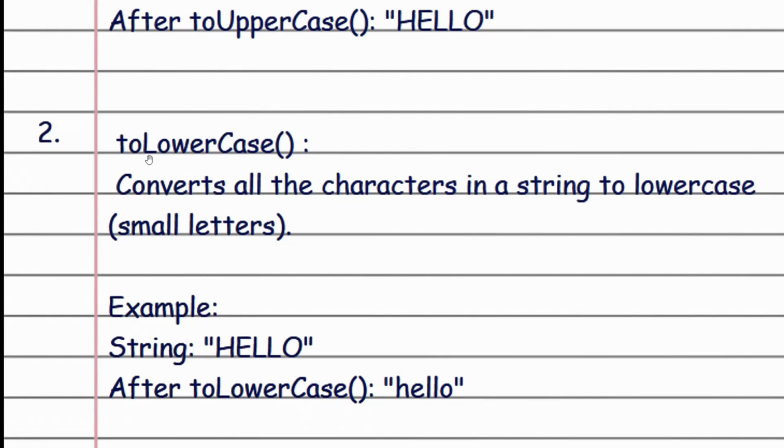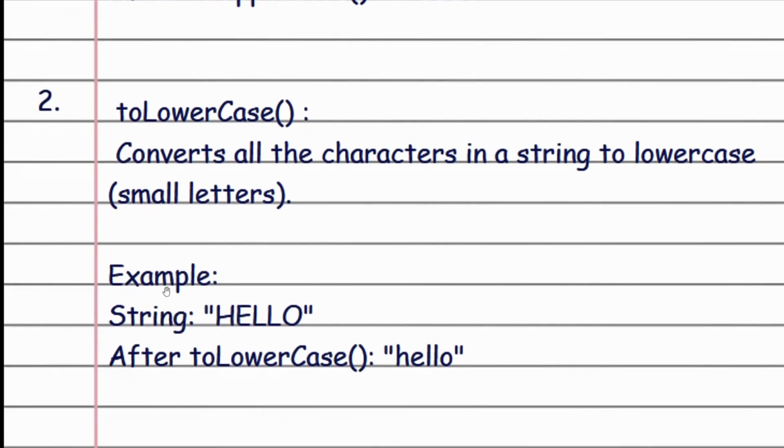So the next method of the string is toLowerCase. Basically it is the opposite of toUpperCase. It converts all the letters or the characters in the string to lowercase, that means smaller letters.